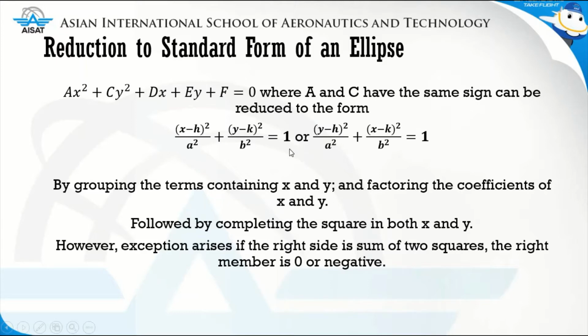Or we have the other standard form as (y minus h) squared over a squared plus (x minus k) squared over b squared is equal to 1.